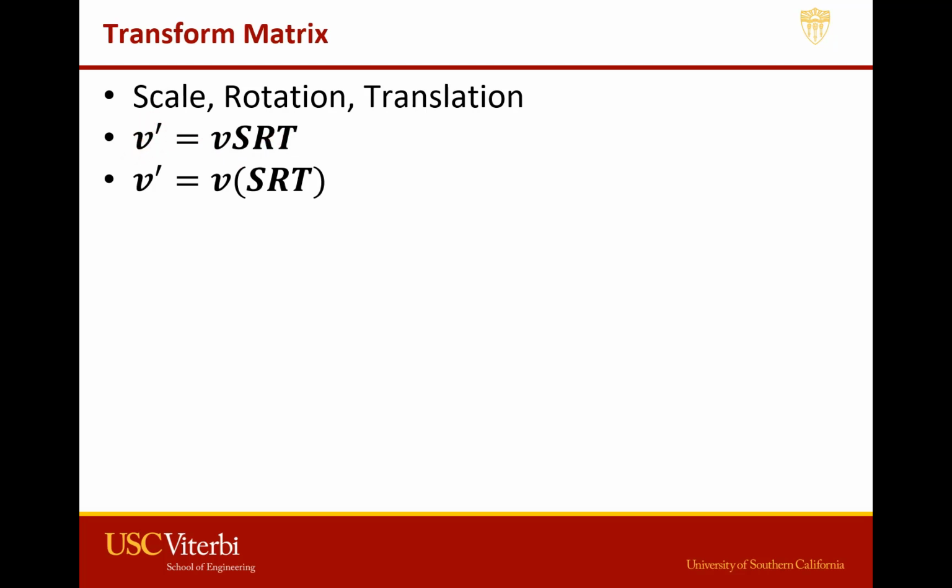Or another way to do this is I can multiply these matrices together to get a new matrix, multiply those matrices together to get a new matrix, and then now that I've got a single matrix here, which I'm calling the SRT matrix, I can multiply that matrix times the vector to get my new vector. I can combine all three transformations into a single transformation matrix. So I can combine scale, rotation, and translation together, as long as I put them in that order.